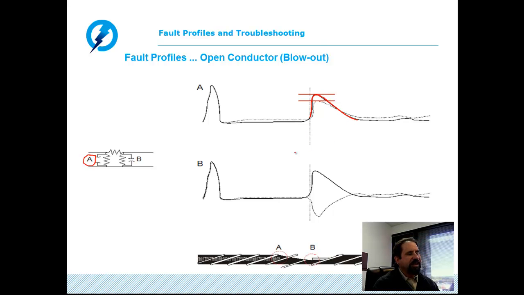And we would obtain a measurement to this point. Obviously, the distance measured should be different than the expected or true length of the circuit. This is one of our first indicators that we are looking at an open circuit or a blowout type of fault, and that we are not actually seeing to the true end of the cable.